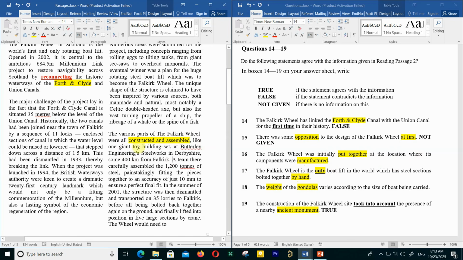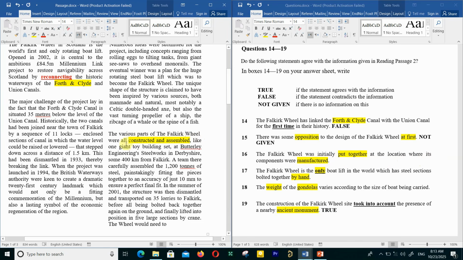The various parts of the Falkirk Wheel were all constructed and assembled like one giant toy building set. So at Butterley Engineering works in Derbyshire, some 400 kilometers from Falkirk. So this was initially put together at the location where its components were manufactured.